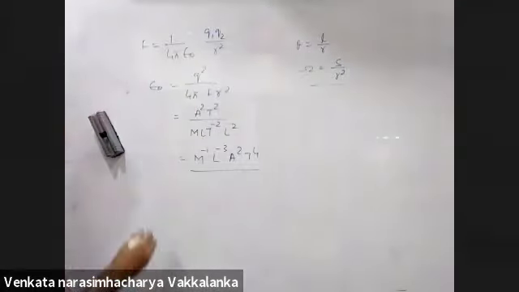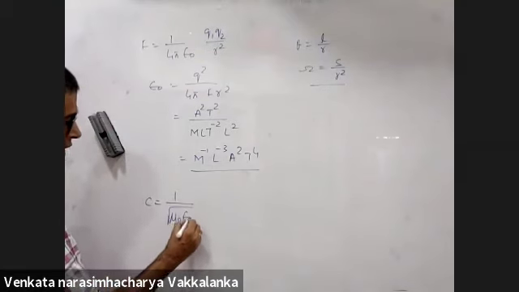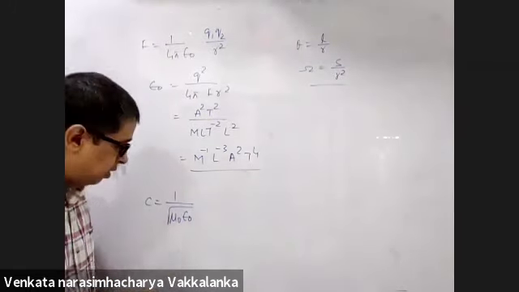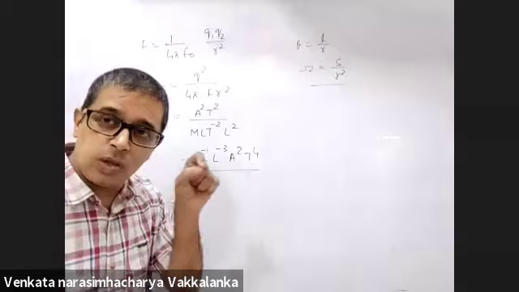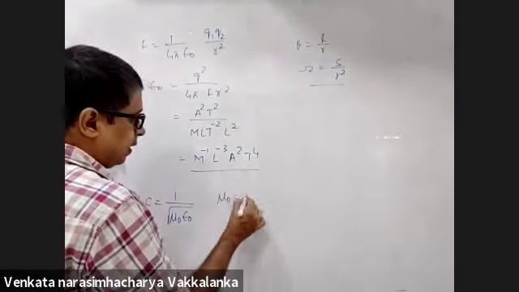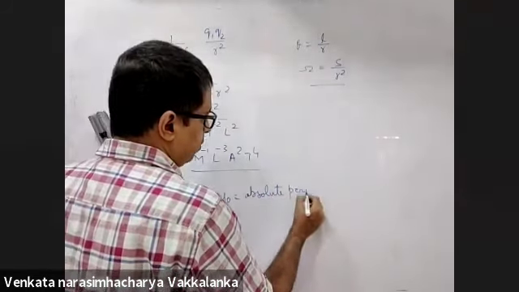Now we'll derive a formula called C is 1 by root mu naught epsilon naught. This will be derived. This is speed of light. What is epsilon naught? Absolute permittivity. Mu naught is absolute permeability.